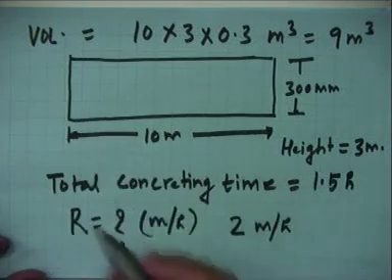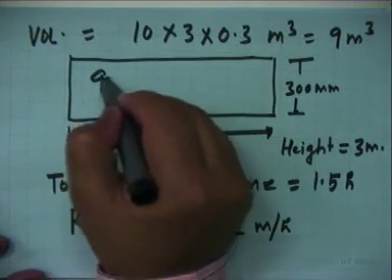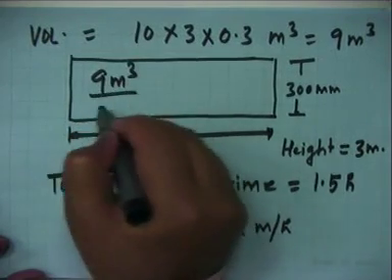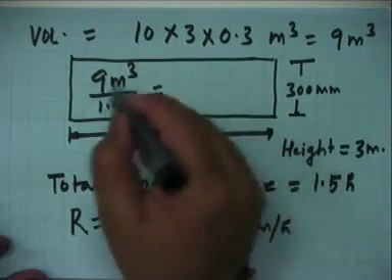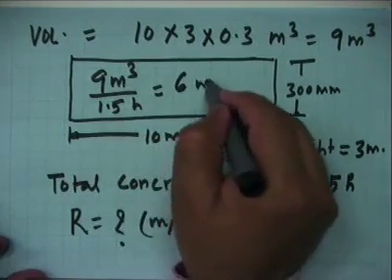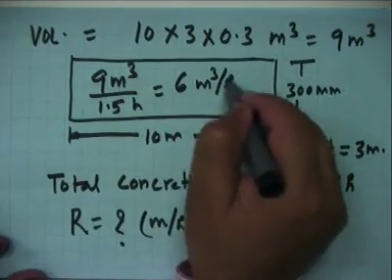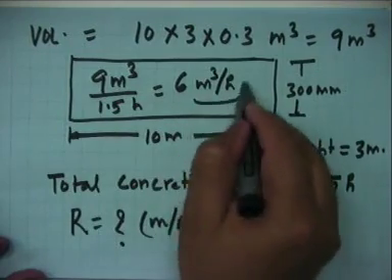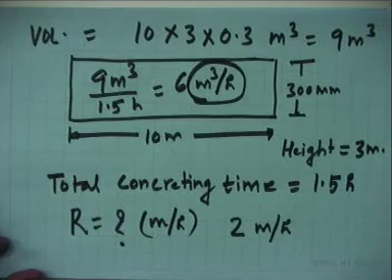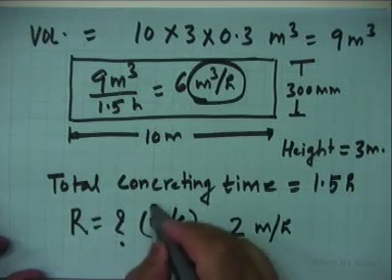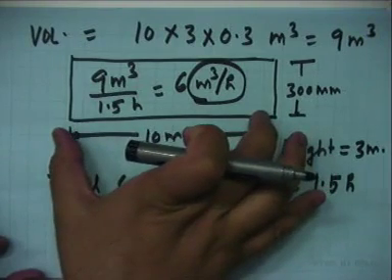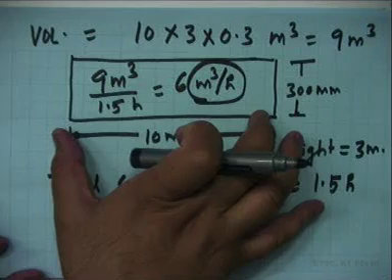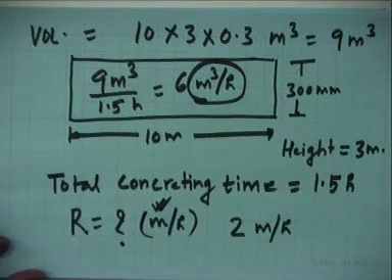Okay, 9 cubic meter, you are doing it in 1.5 hours. So, how much is this? This is 6 meter cube per hour. That means every hour you are pouring 6 cubic meter. But remember, you want it in meter per hour. Now, 6 meter cube per hour has 3 meter height.